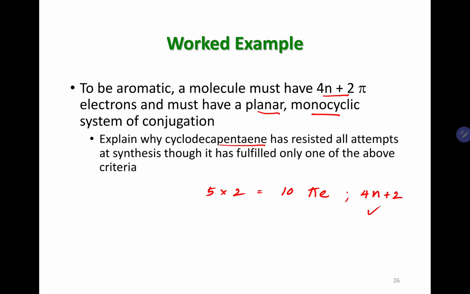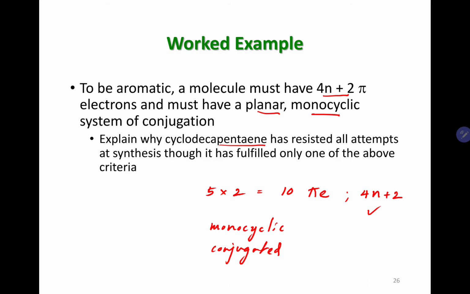You have 4n plus 2 electrons, and this is a 10 carbon ring, so it is a monocycle, and it is conjugated, of course, because you have the alternating double bond structure in here.